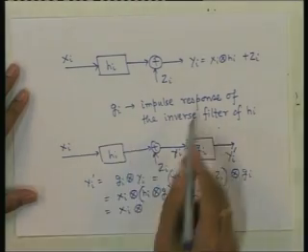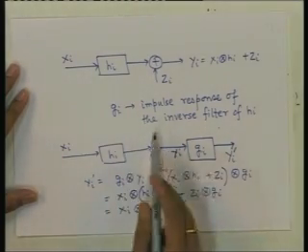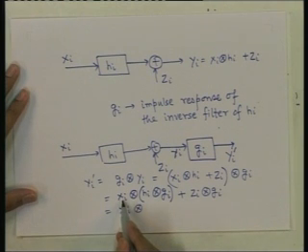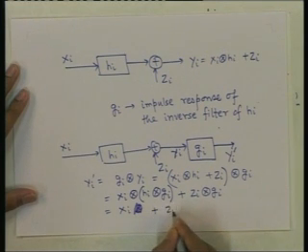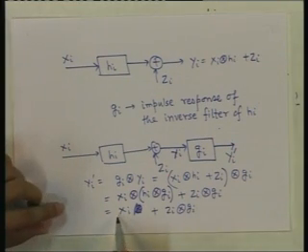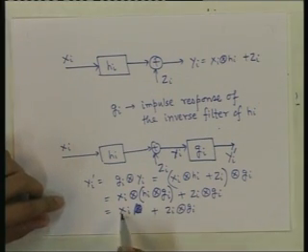Gi is the impulse response of the inverse filter of Hi. That means the convolution of Hi and Gi is just the delta function. So, when we convolve with Xi, it becomes Xi itself. So, we have simply Xi plus Zi convolution Gi. So, it is as if the signal is just added with some noise.